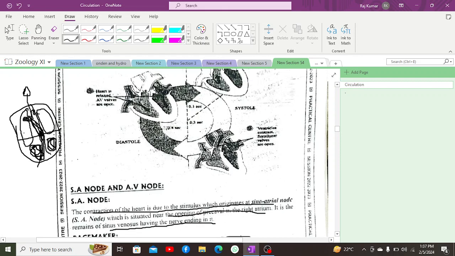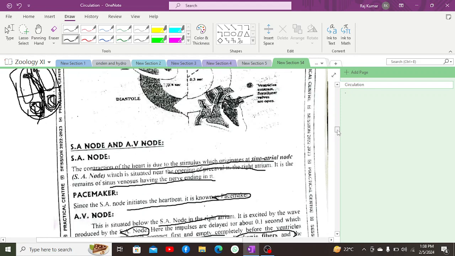The bundle of His goes straight, and the left ventricle, being near to the bundle of His, is first divided off from it. After that, the rest of the bundle of His goes towards the right ventricle. So this is how it actually occurs.